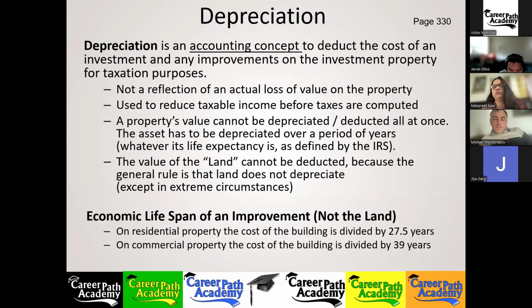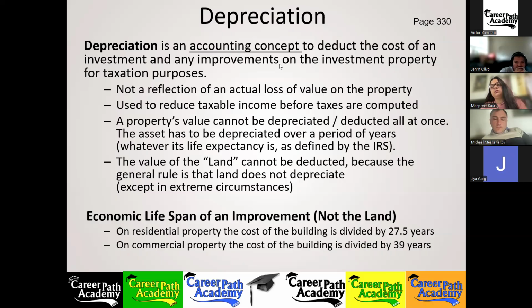However, they don't allow you to do it all in 1 year. The IRS has an estimated lifespan of that improvement, that equipment, and says you can deduct it over that item's estimated lifespan.